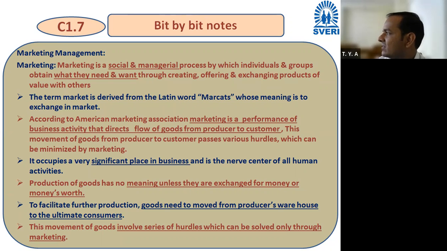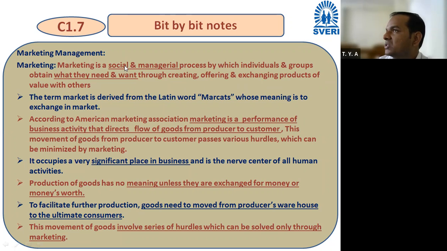That is demand. So these are needs and wants. So how do we provide these needs and wants? Either you create the product, go yourself and offer it, or exchange the product. They need money, so you sell that. Getting it? So this is the concept of marketing in society.